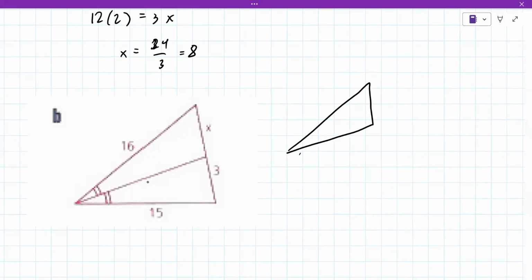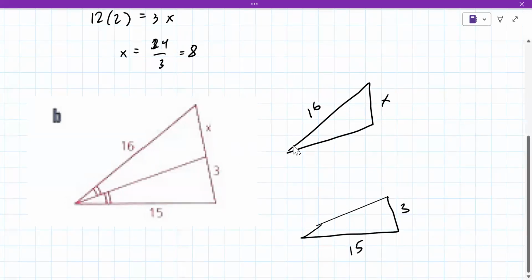But the 16 and the x, and then if I flip this other one, ooh, that doesn't flip right, does it? Okay, so the other one, we draw the other one. I'm sorry, it's 15 and 3 like that, and the angles are the same.